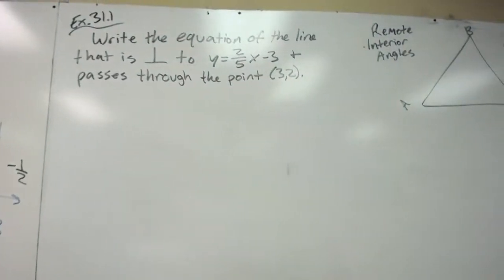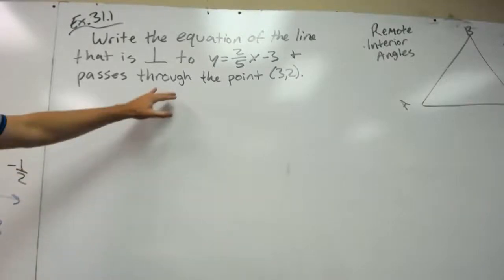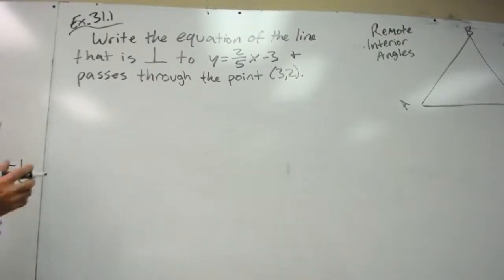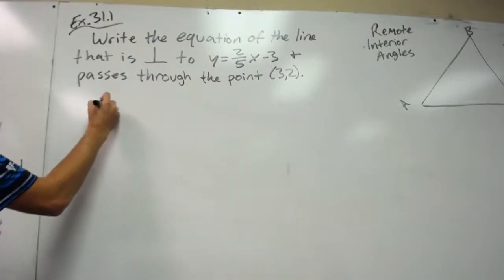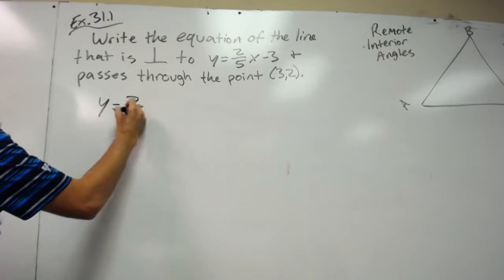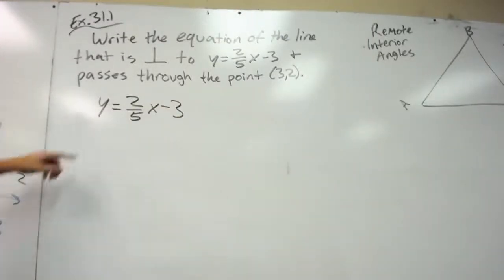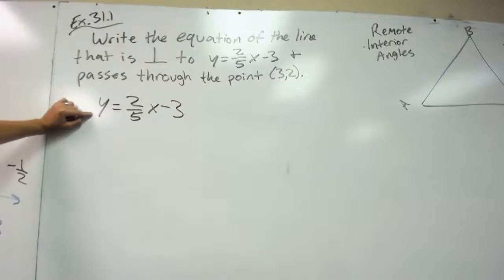It says write the equation of a line that is perpendicular to y equals 2/5 x minus 3 and passes through point (3, 2). Well, it gives us a linear equation, and we want a line that is perpendicular to this one.